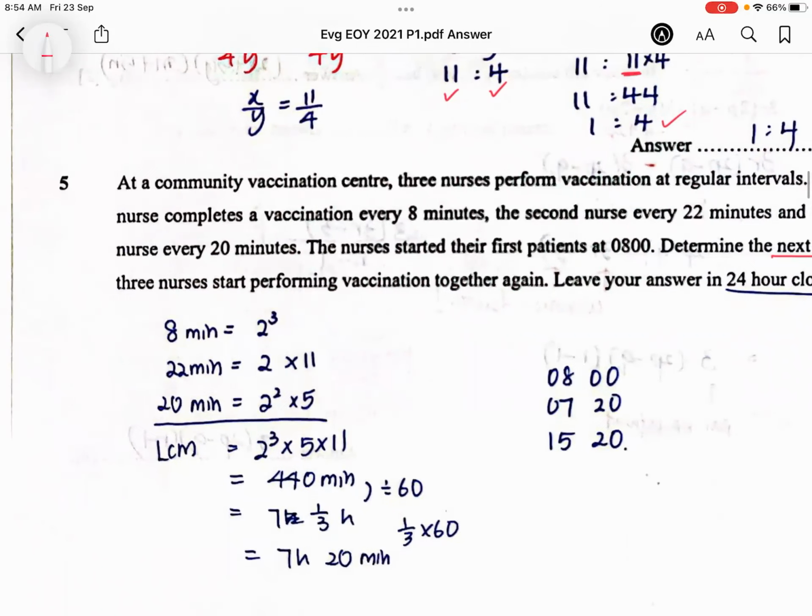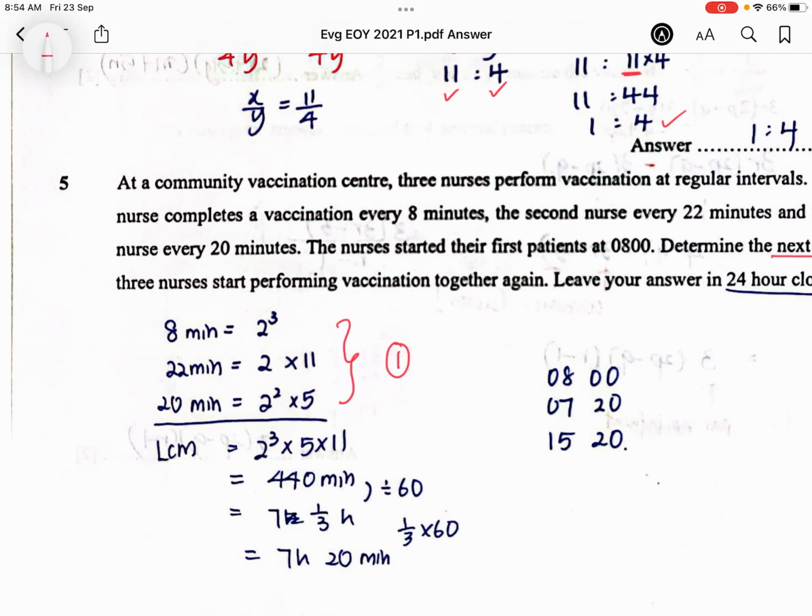So first step, change all of them into prime factors. This one is already 1 mark. Some of you will list down all the numbers. Please don't list down all the numbers. Just do prime factorization and find the LCM.